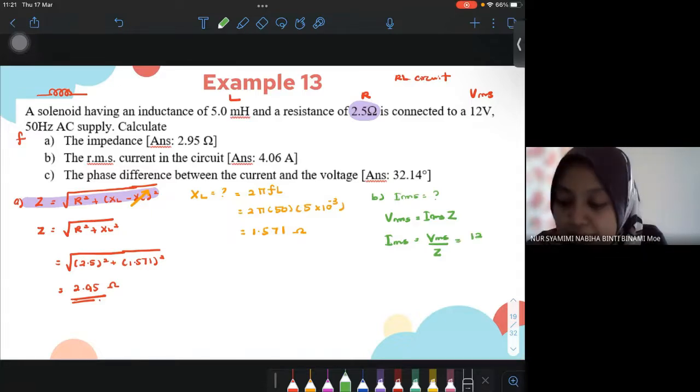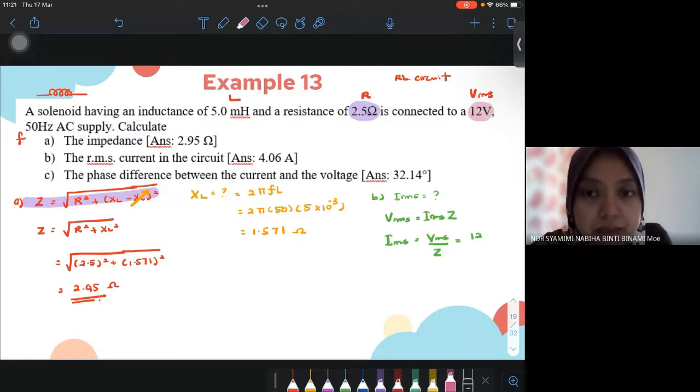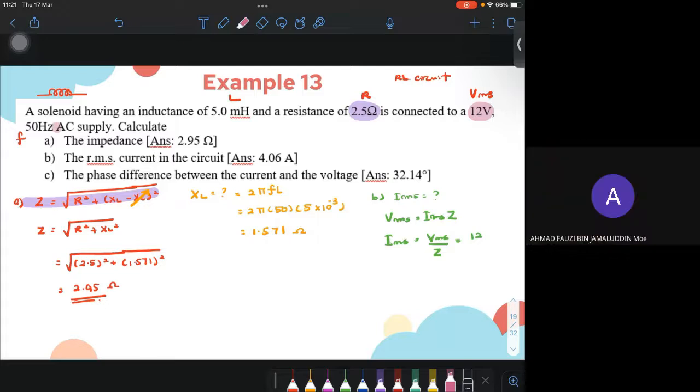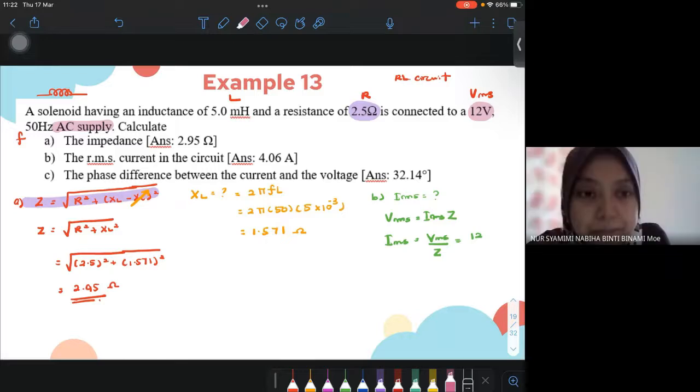And VRMS kita dah ada 12 volt. Okay, macam mana kita tahu 12 ini ialah VRMS bukan peak current? Okay, sebab dia terus mention 12 volt AC power supply. Yes, good. Thank you, Fauzi. AC power supply, so dia ialah RMS. Automatic. Kalau dia kata peak, baru V0. Okay.